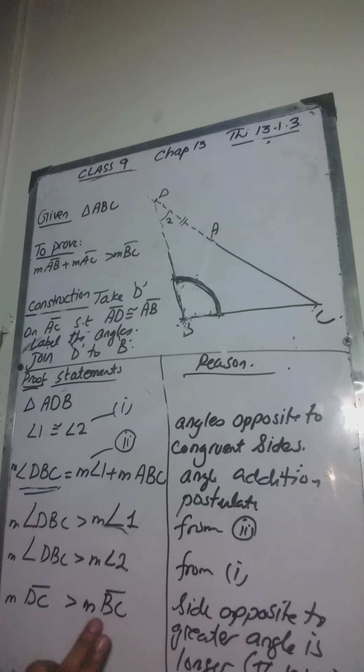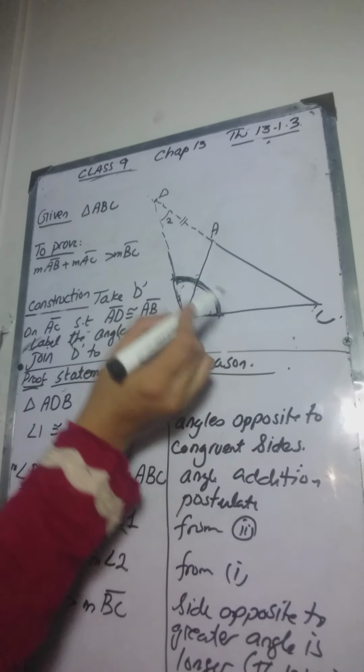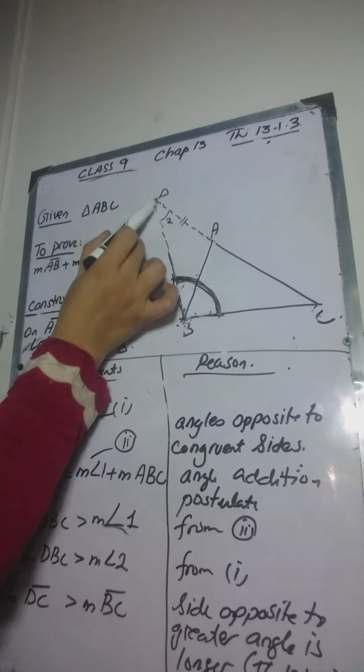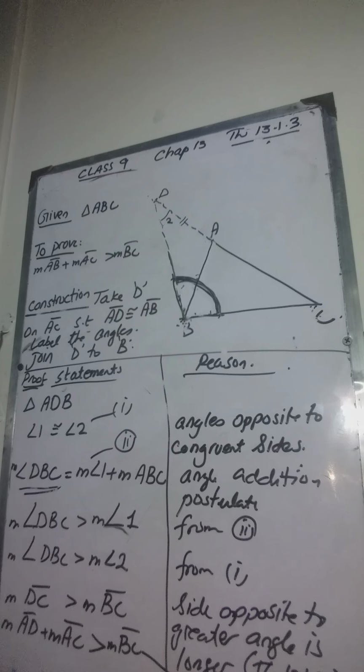Now as DC is greater than BC, DC is the sum of, let me draw AB again, AD plus AC. DC can be written as the measurement of AD plus the measurement of AC, from the figure, which is greater than the measurement of BC.